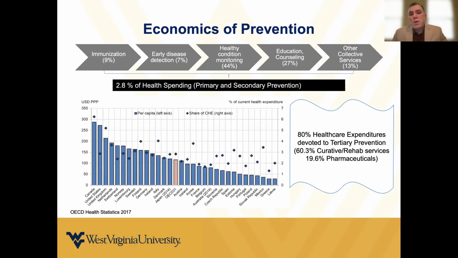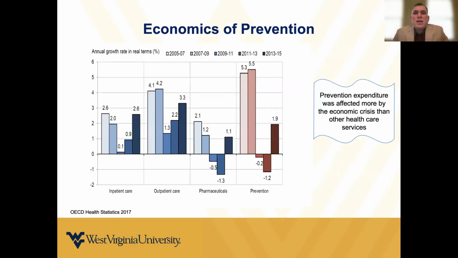So, when you think about prevention, and next slide, please, you also have to think about whether there is any effect of economics or financial crises. This data is a little bit old, but it's very interesting because it captures a time when we did experience a major financial crisis in 2009, 2010.